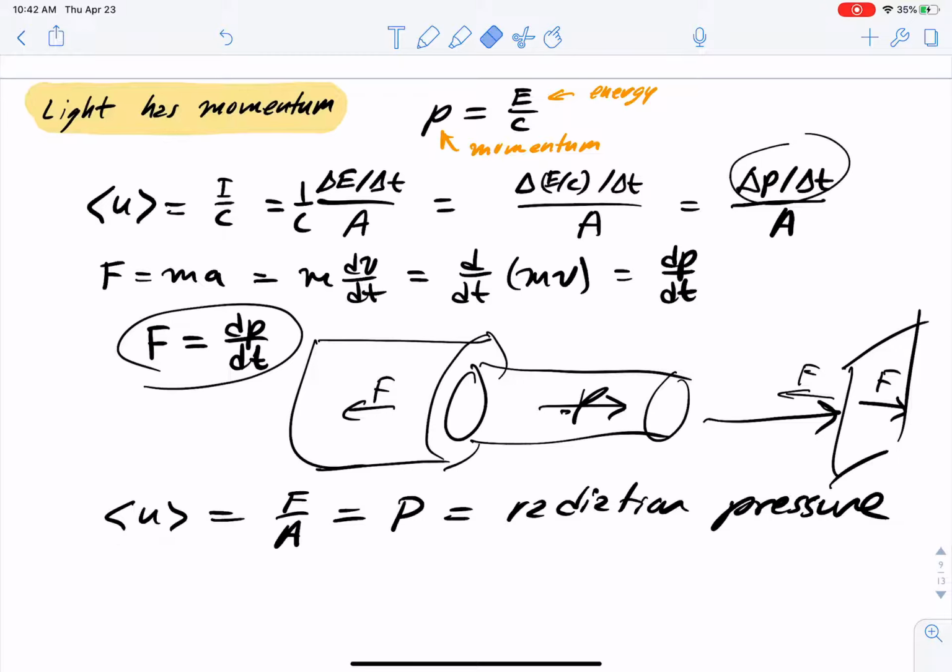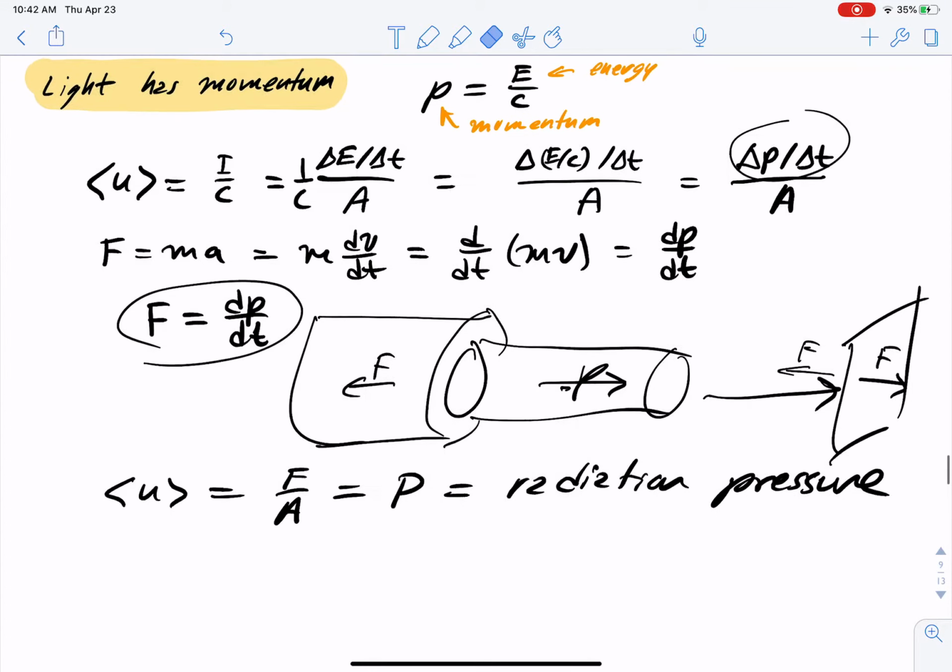Things kind of cancel out. This radiation pressure is really small, basically because we're dividing by the speed of light in here, so the pressure ends up being small in general.